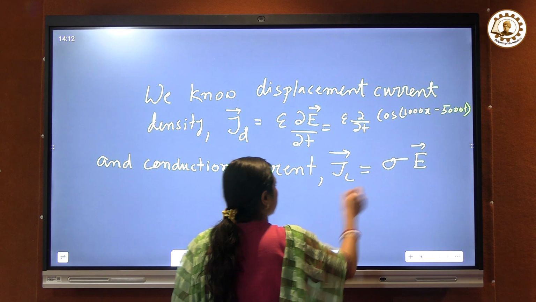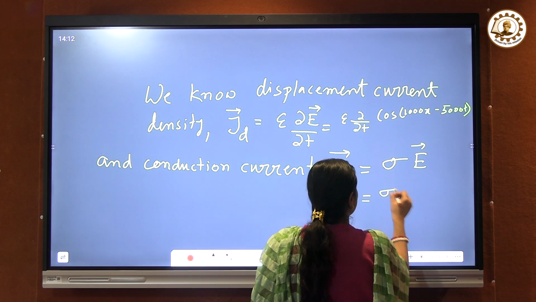So this we will write here, and here we will write sigma cos of 1000x minus 5000t.